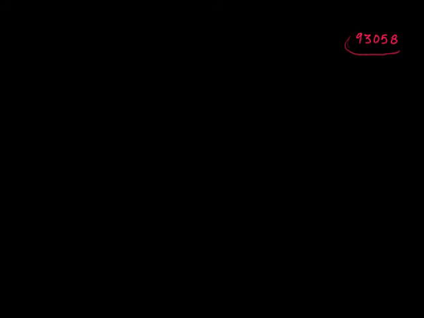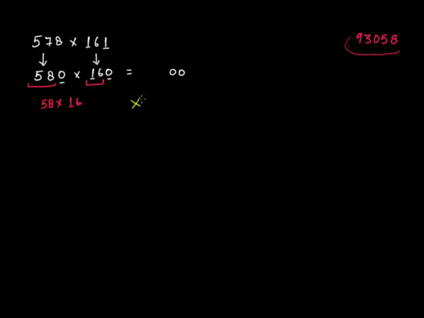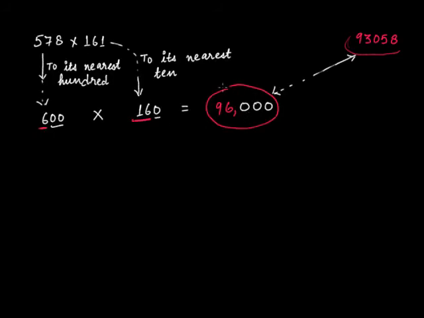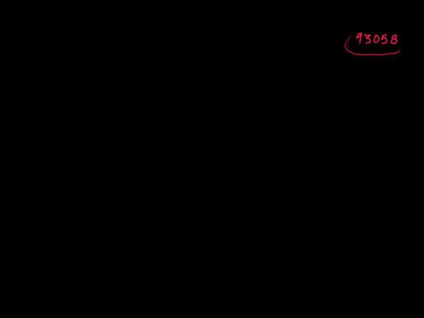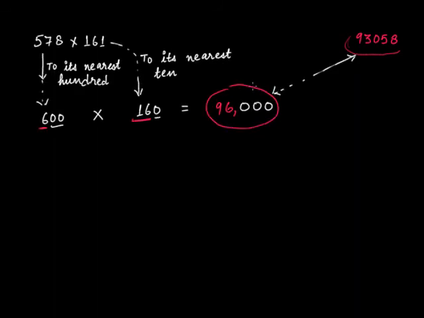So of all those possible ways that we followed, either this one that gave us 1,20,000, and this one that was not possible, it wasn't a good idea, this one which gave us 96,000, and this one that is 1,16,000, of all these, the 96,000 one is the best one, the most reasonable estimation.